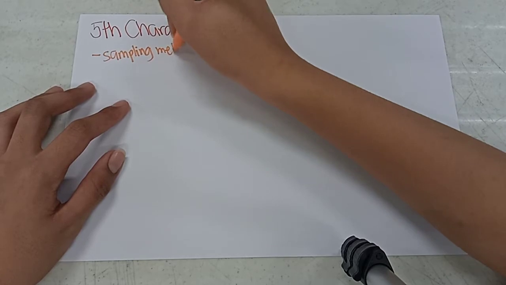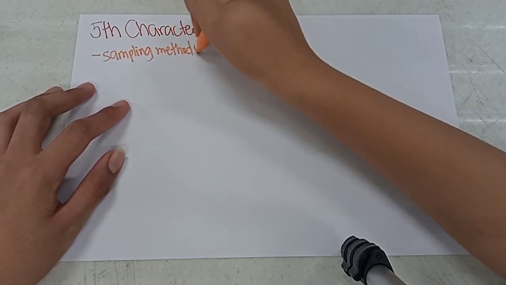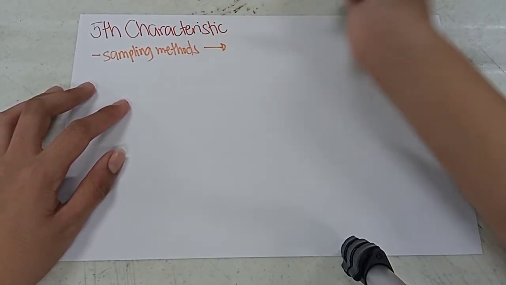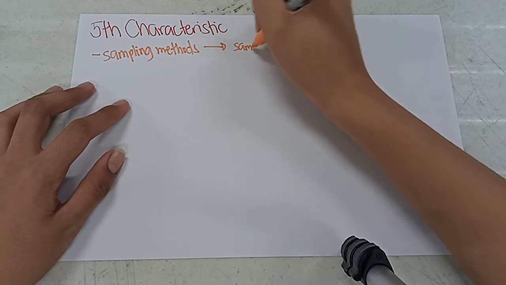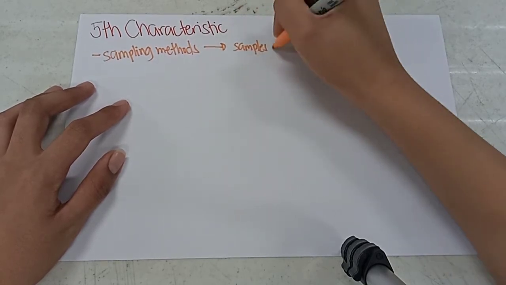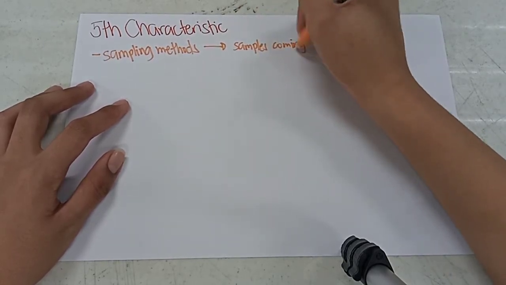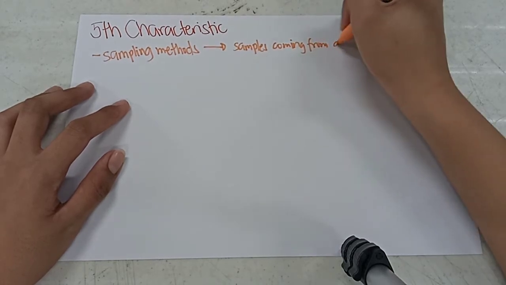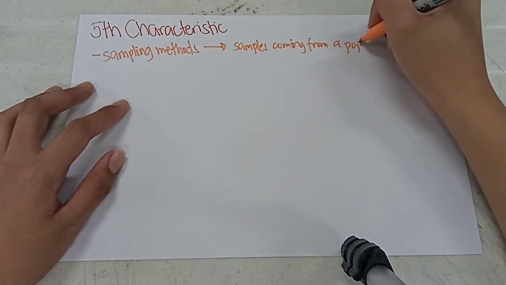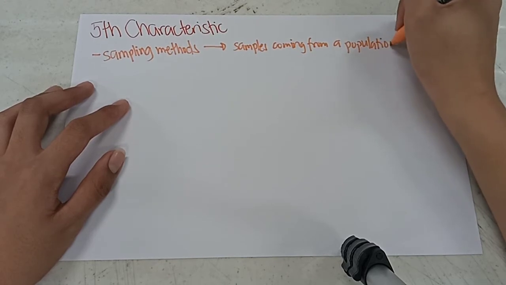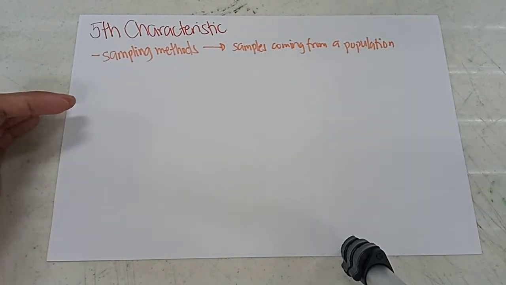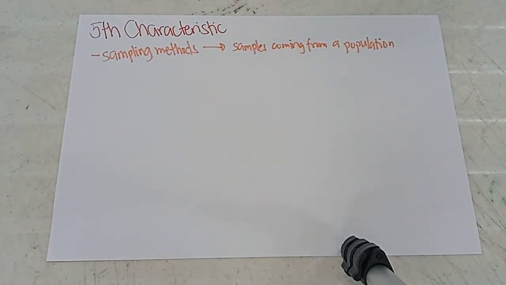Meaning to say, using sampling methods, we try to generate samples coming from a population.